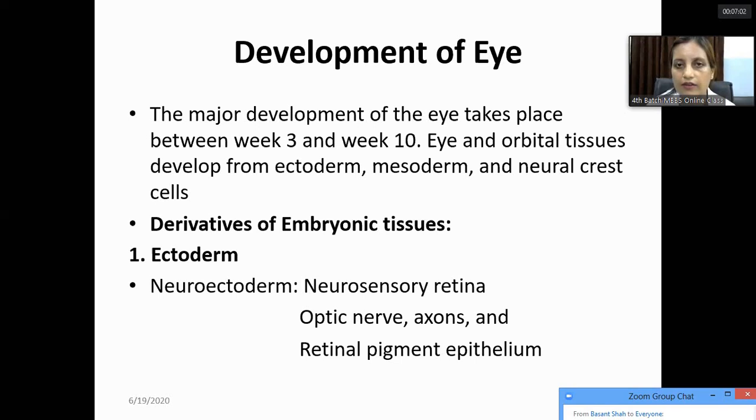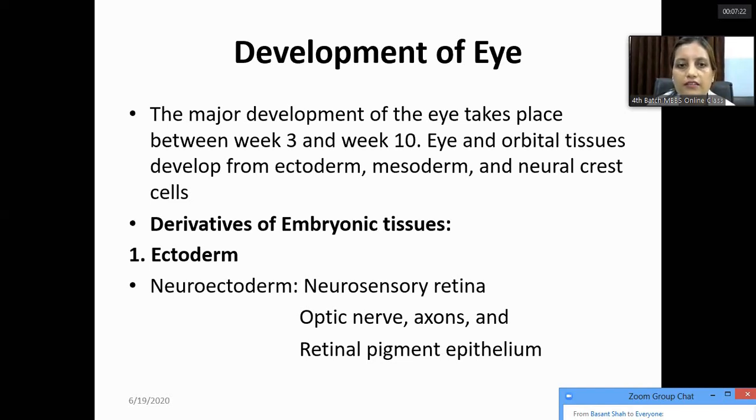These are required for your SAQ also. The major development of the eye takes place between week 3 and week 10. The eye and orbital tissues develop from ectoderm, mesoderm, and neural crest cells. So what are the derivatives of these embryonic tissues?